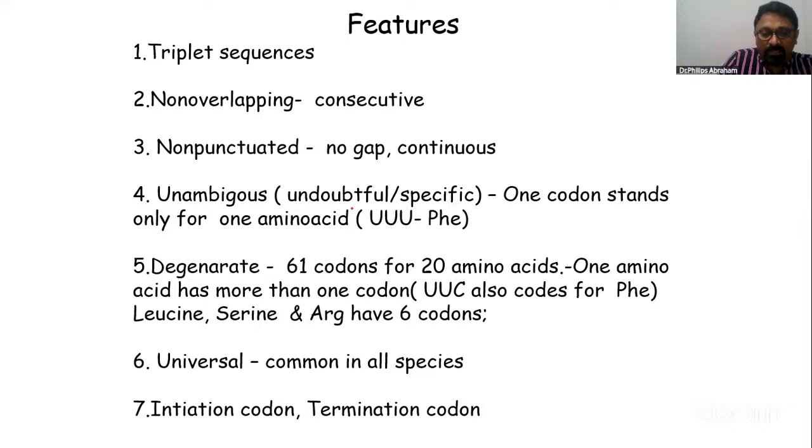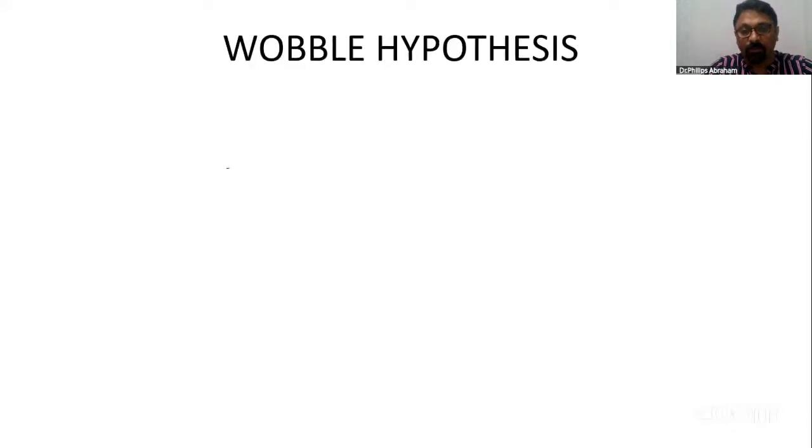There are 64 in total, 3 are termination, the remaining 61 are sense codons. There are 61 codons but 20 amino acids. That means some amino acids have more than one codon. Leucine, serine, arginine have 6 codons each. So that is called degenerate. So these are the features of the genetic code.